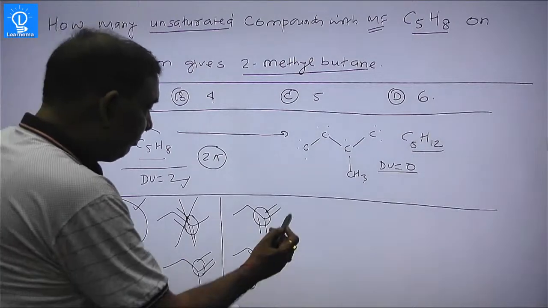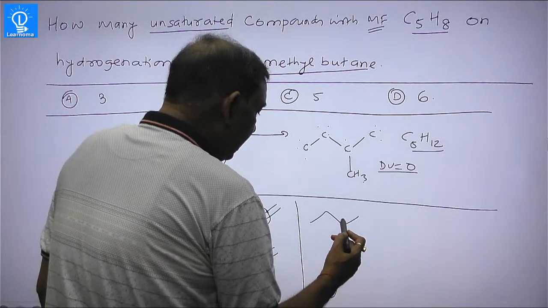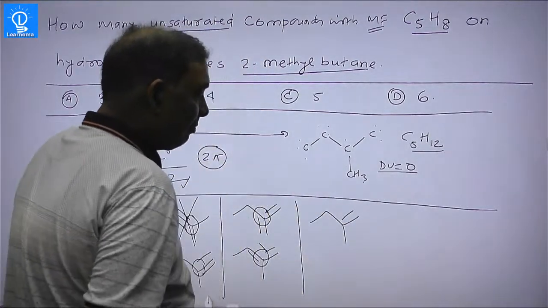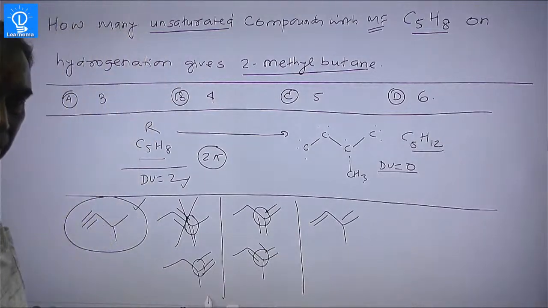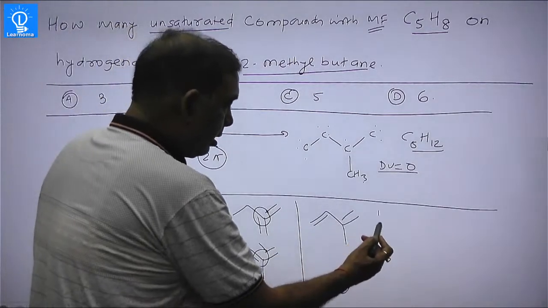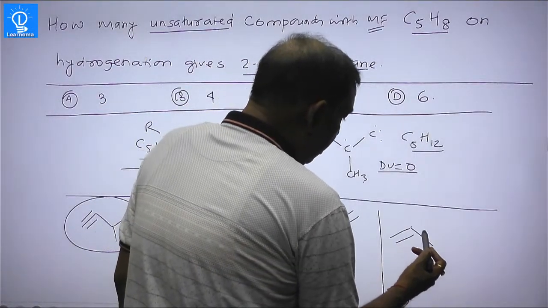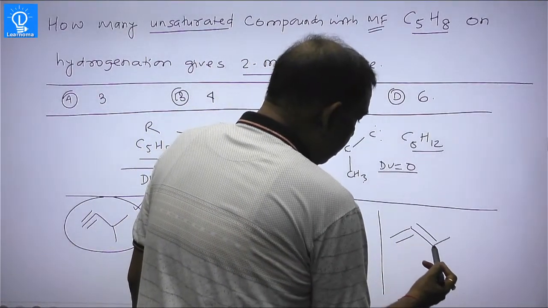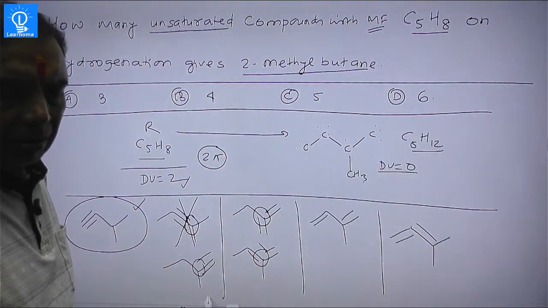So, a pi bond here and a pi bond here, or a pi bond here and a pi bond here, so that valency does not exceed. See this.